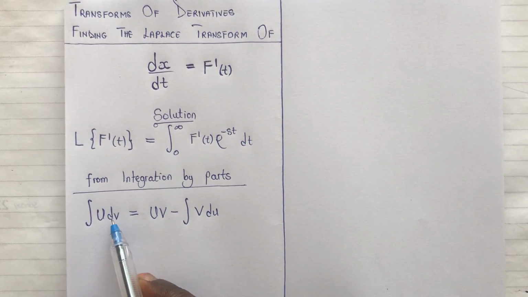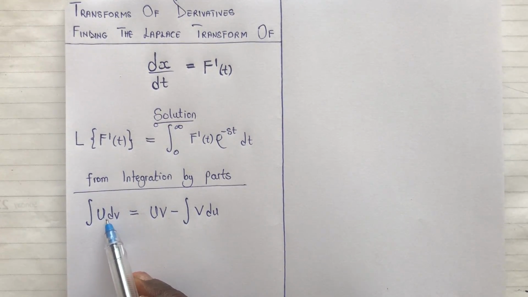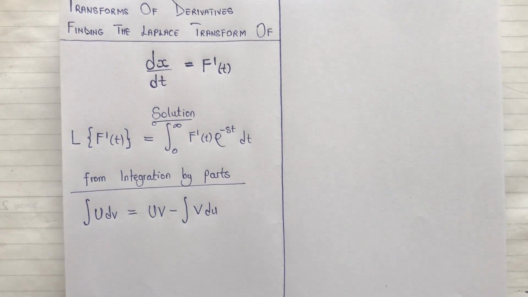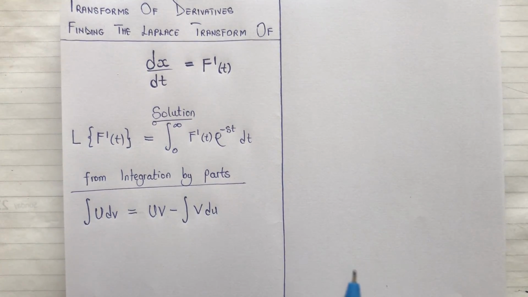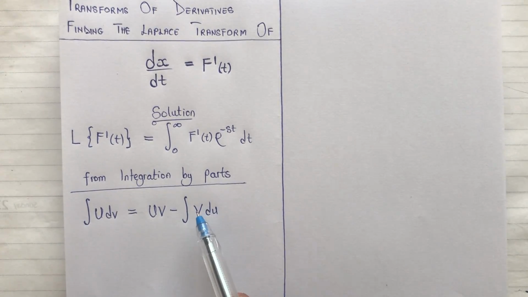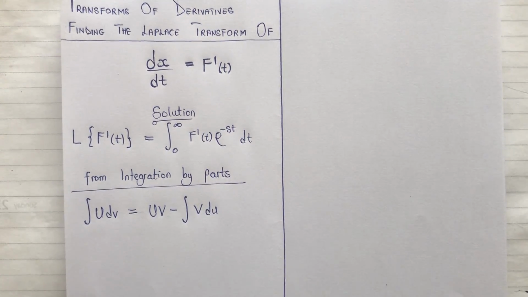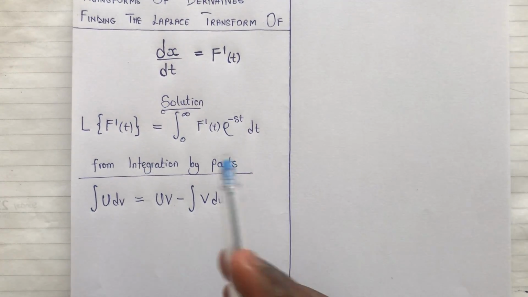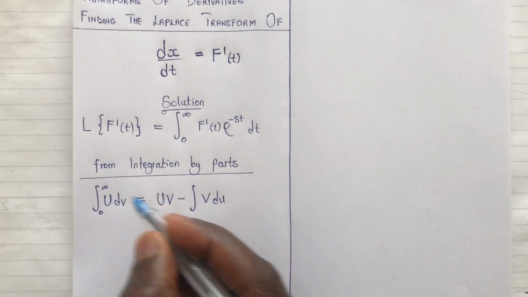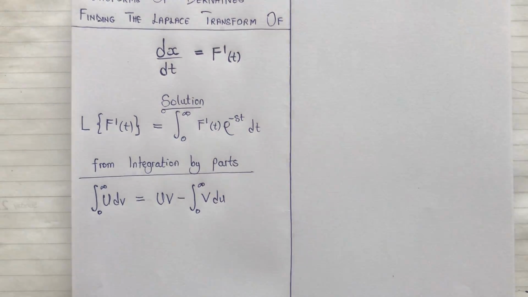This is dv, the derivative of the second variable. So we multiply the two variables, which is the product of the two functions, minus the integral of the second function times the derivative of the first function. Do we get that? Because I have 0 to infinity here, I can put my upper and lower limit here. It's not necessary, but we can put it there.